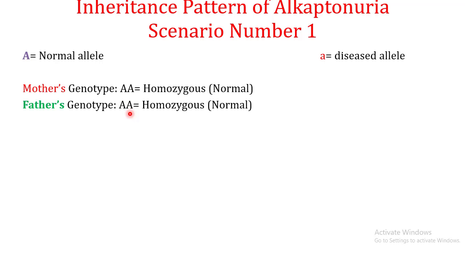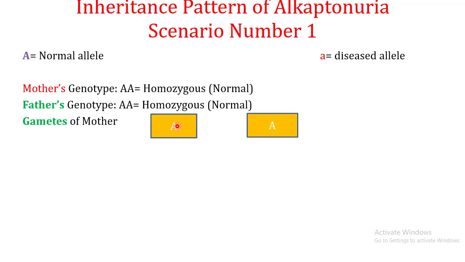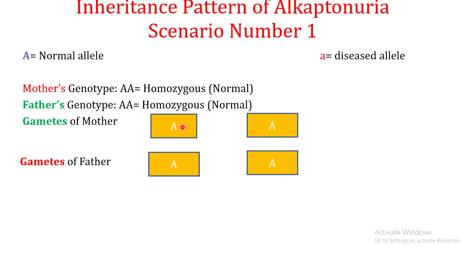When you know the genotypes, then we usually talk about the gametes. The mother can produce only normal gametes. All of the gametes of the mother carry the normal allele. Similarly, all of the gametes that the father makes contain the normal allele for the gene of Alkaptonuria.